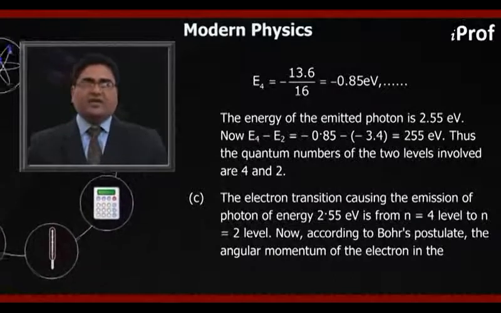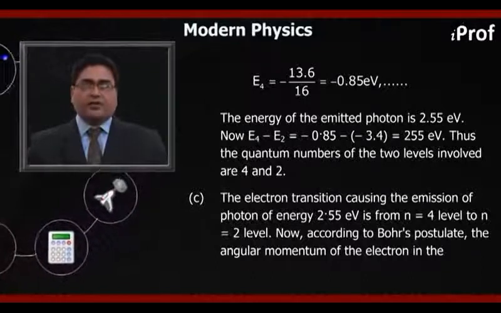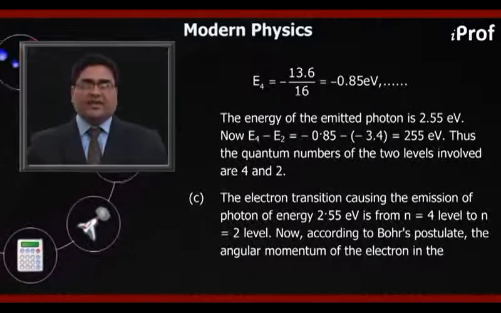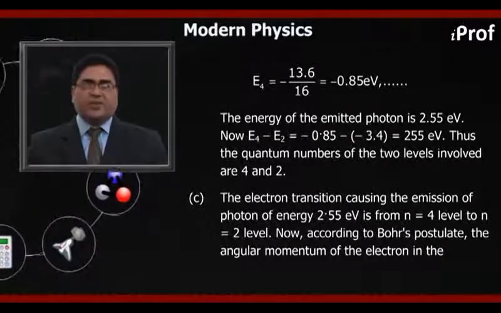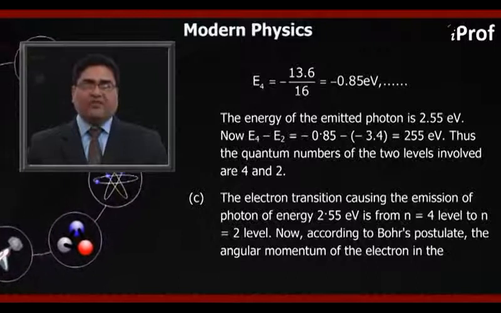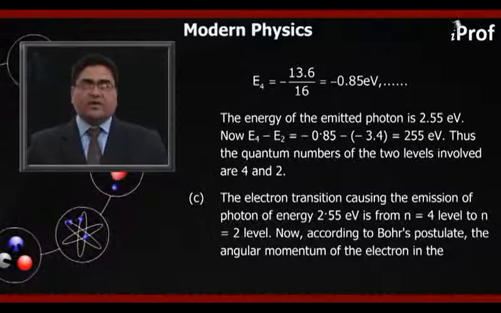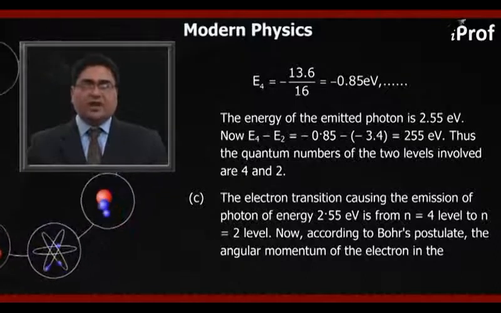The energy of the emitted photon is 2.55 electron volt. Now E4 minus E2 equal to minus 0.85 minus (minus 3.4) equal to 2.55 electron volt. Thus the quantum numbers of the two levels involved are 4 and 2.